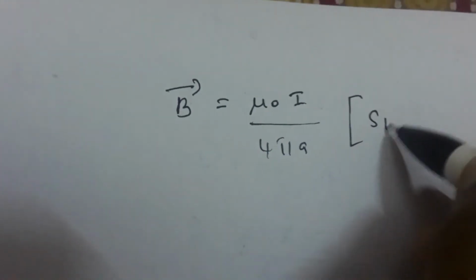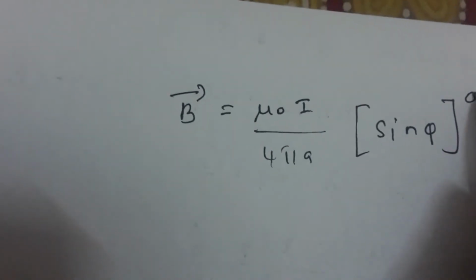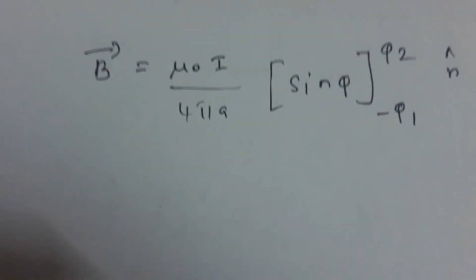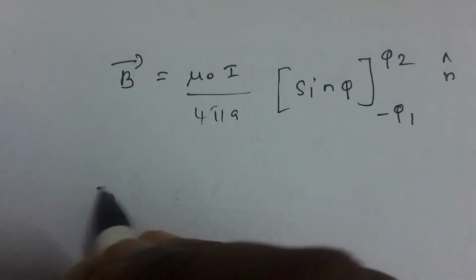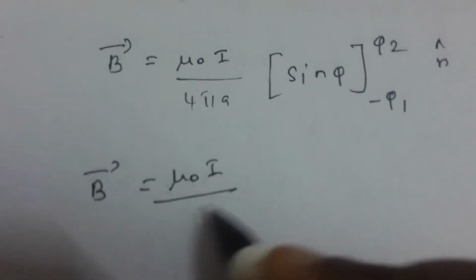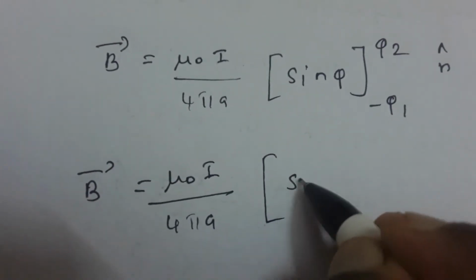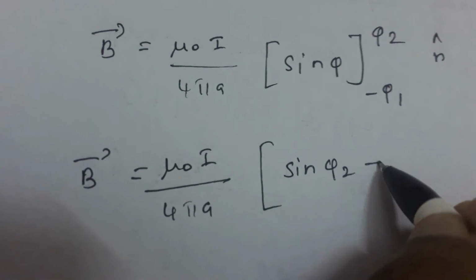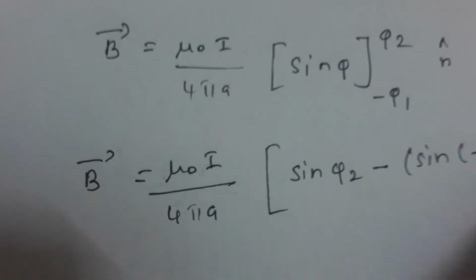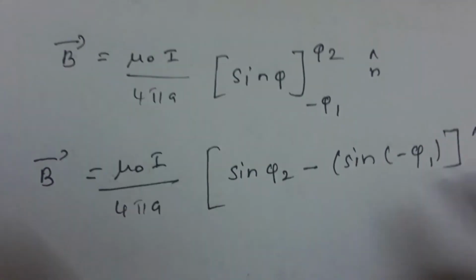Writing the limits, phi 2 and minus phi 1, into n unit vector. Applying the limits: sin phi 2 minus sin of minus phi 1, into n vector.